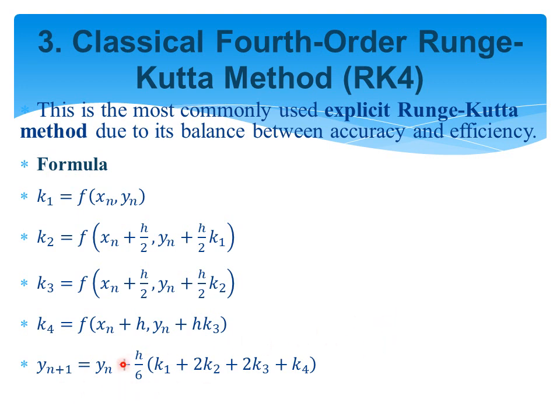If we find y2, then again we put n = 1. Same process we will start: k1, k2, k3 and k4. Then we get y2. If we find y3, all functions we will follow k1, k2, k3, k4. Then we find y3, y4, y5, y6, as required accuracy.